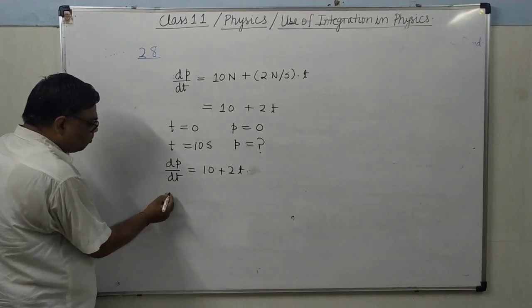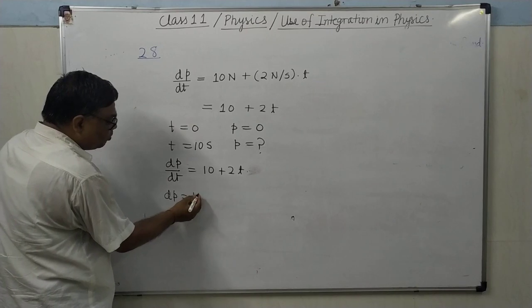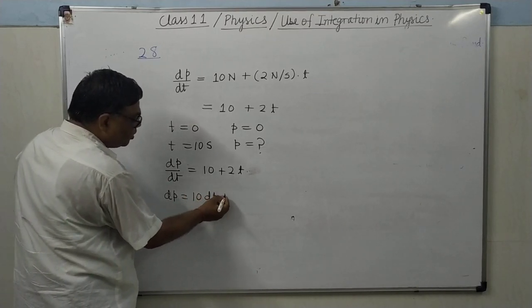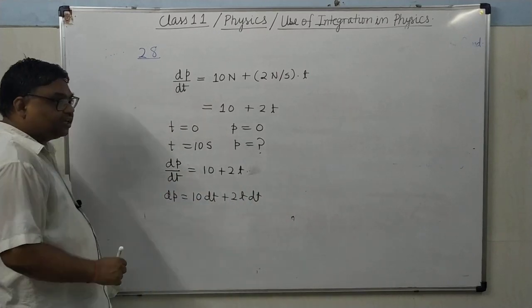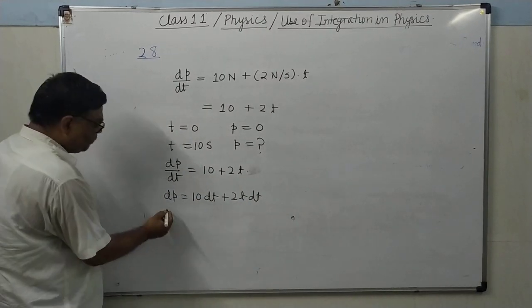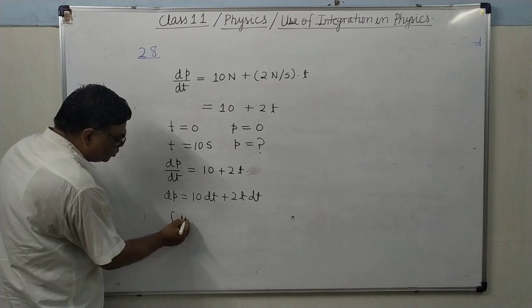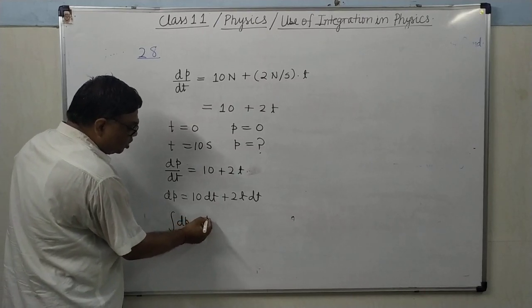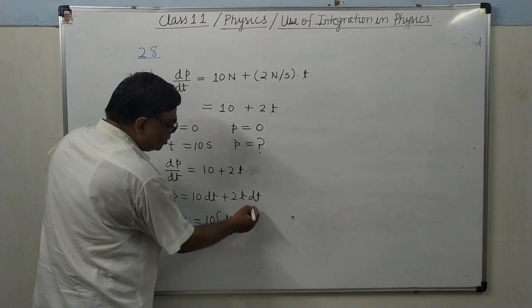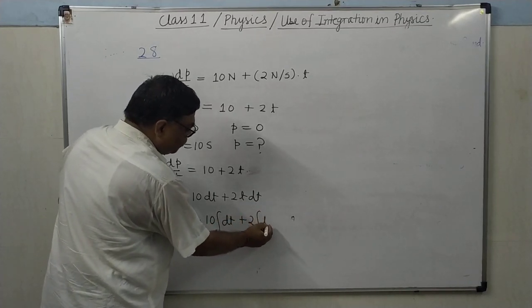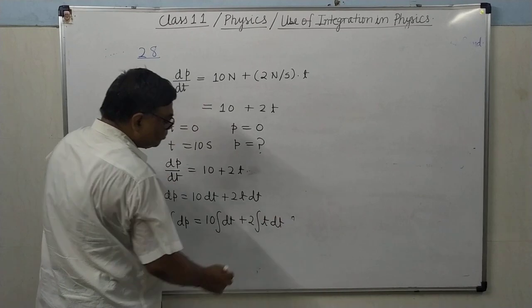So what will be dp? dp will be 10 dt plus 2t dt. Now on integrating, integral dp equals 10 integral dt plus 2 integral t dt.